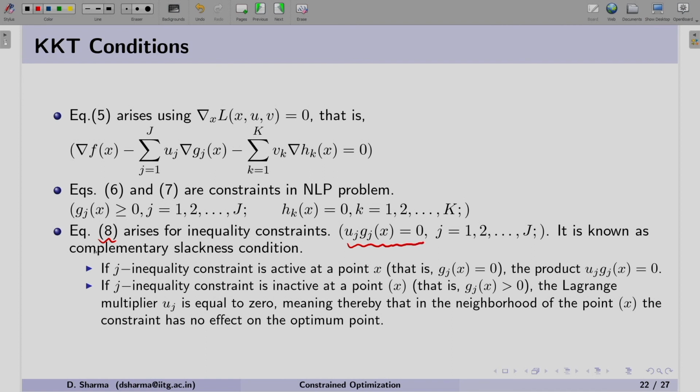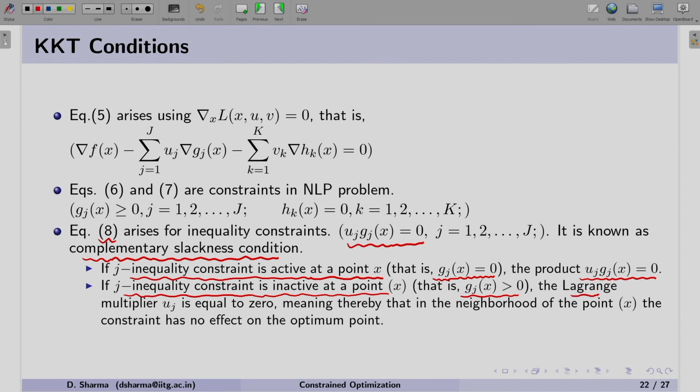Now, these conditions are generally referred to as complementary slackness conditions. As we have discussed earlier, if the jth inequality constraint is active at a point, meaning that Gj of x equals 0, the product Uj Gj is 0. Second, if the inequality constraint is inactive at a point, then Gj of x is greater than 0.